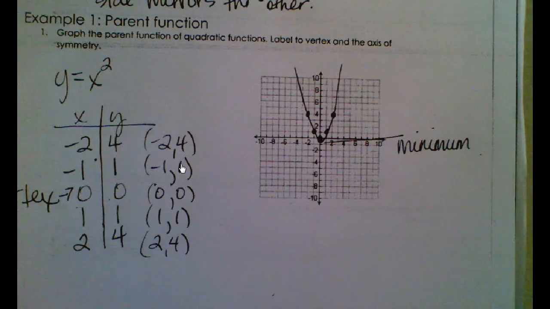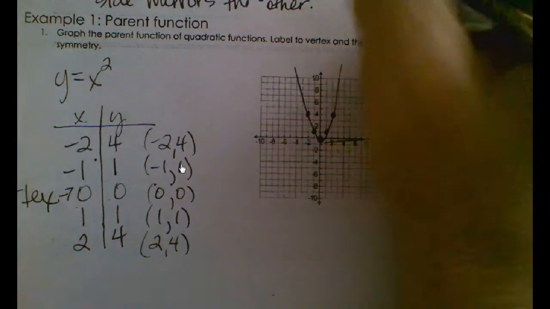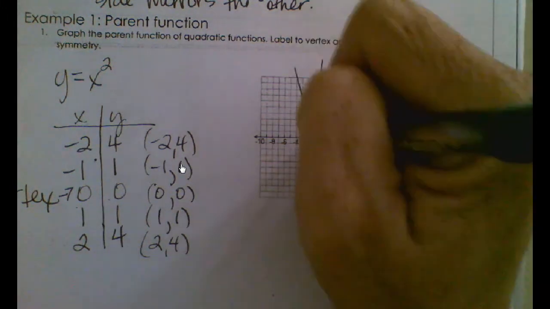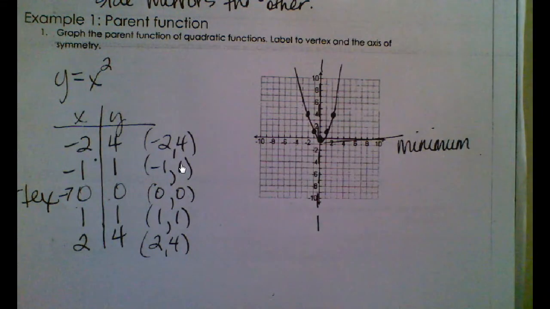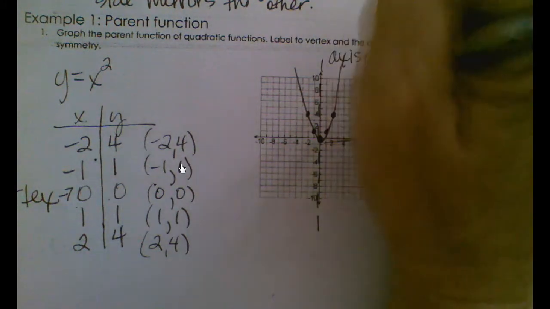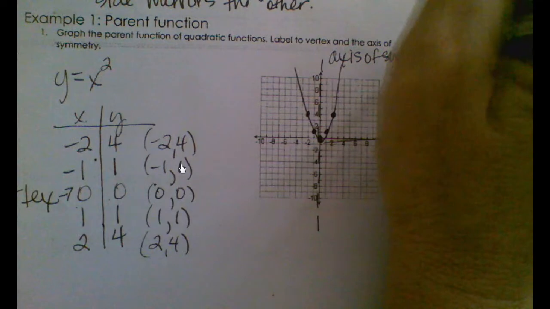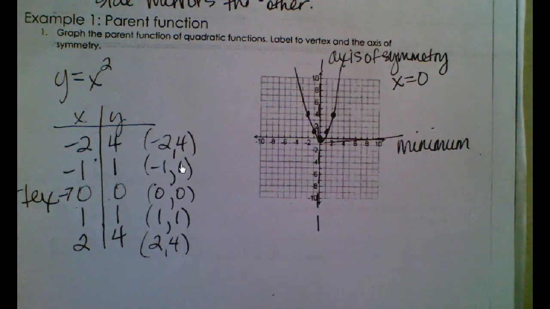Okay, does anybody, Gauge, did you say something about the axis of symmetry? It would be at 0. So I want you to, when we do an axis of symmetry or an asymptote, you do those with a dashed line. So the axis of symmetry is going to be at x equals 0.